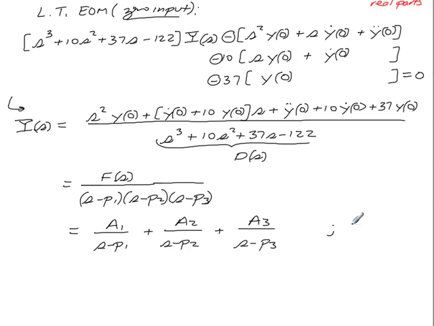And a reminder here, what did we find there for p1? That was 2. And p2 is equal to minus 6 plus 5j. That's the name I'm giving that.